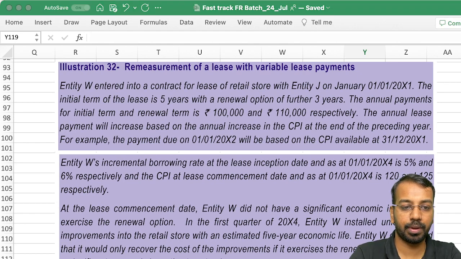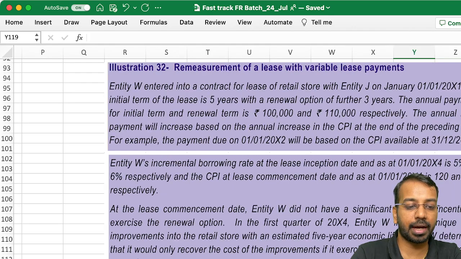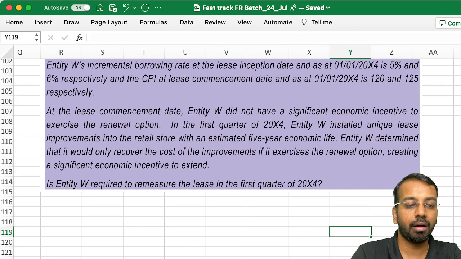It's visible now. Okay, so the incremental rate is 5% and 6%. So the first time when we do the accounting, we will take 5%.